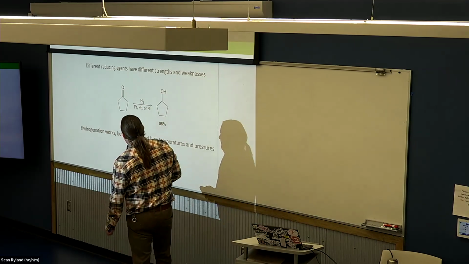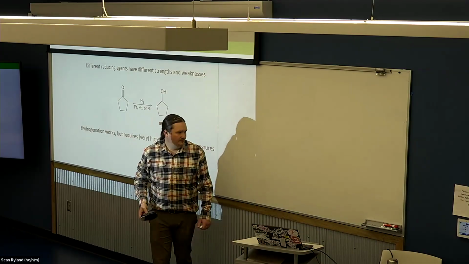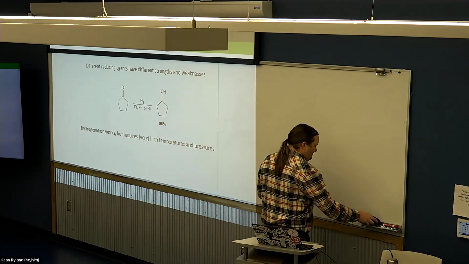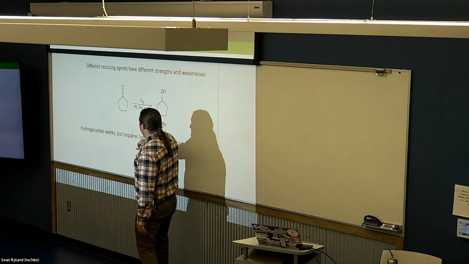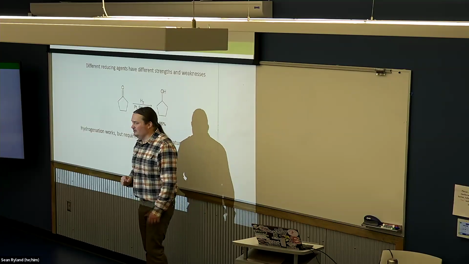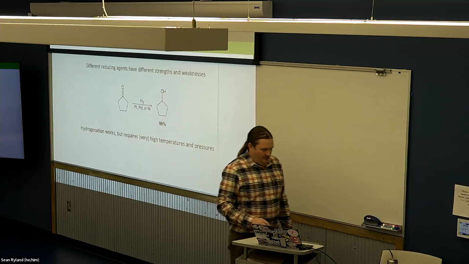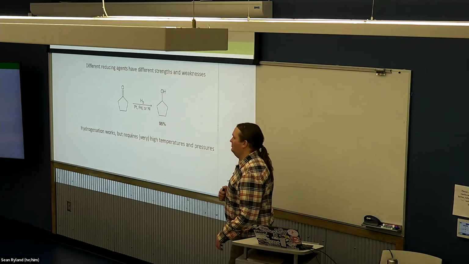But it's not very practical because even with platinum, palladium, or nickel as a catalyst, we have to do this reaction at something like 400 atmospheres, which obviously is tricky to do.